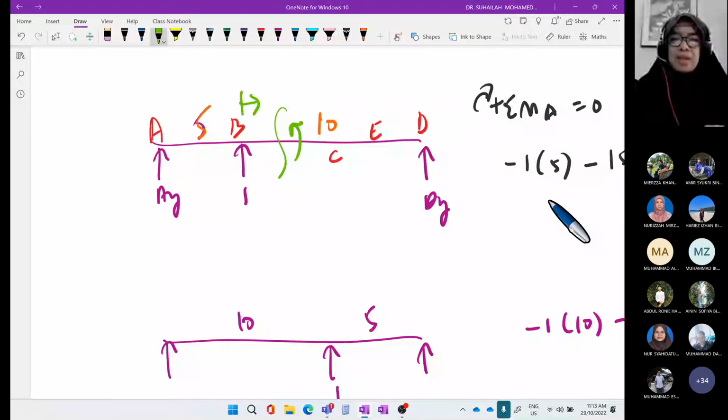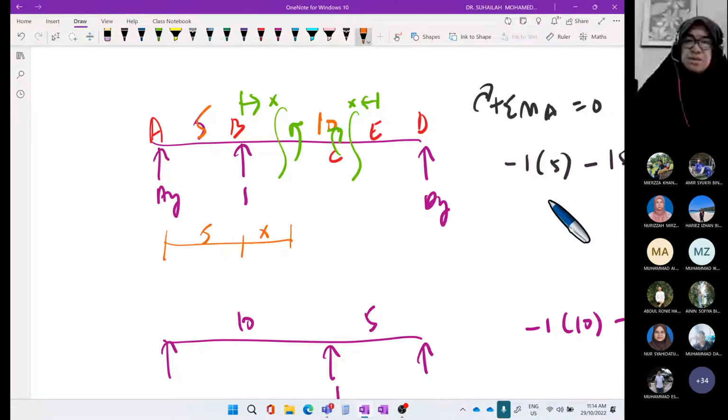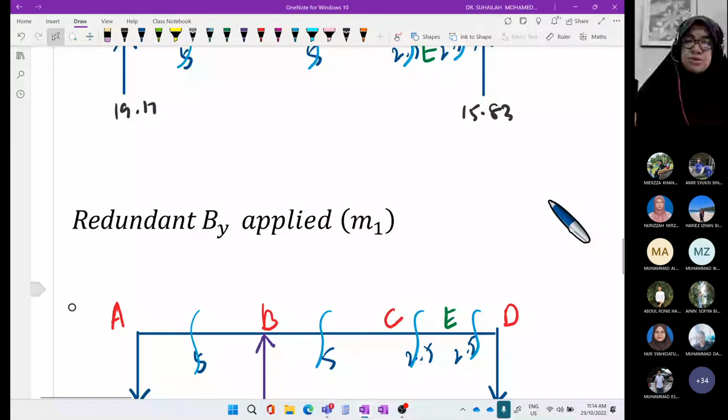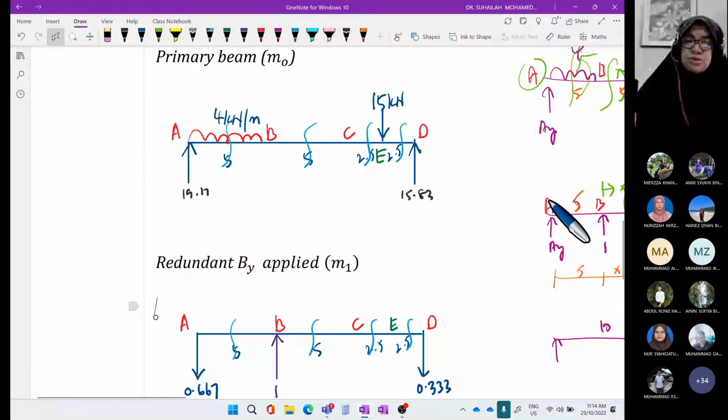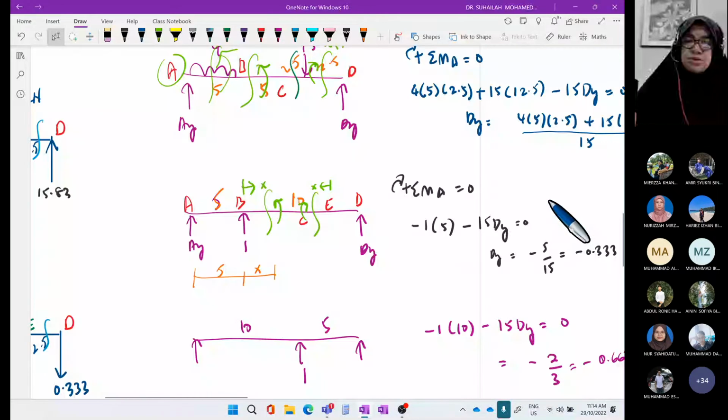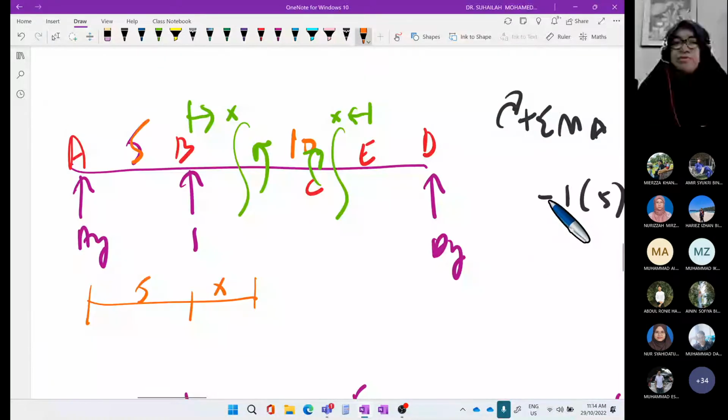And we have EC, origin E. This is M, origin dekat sini. So distance dia, sini 5, sini X. So this one also same. Sini 2.5, 2.5 sini X. Okay. So what about the section?